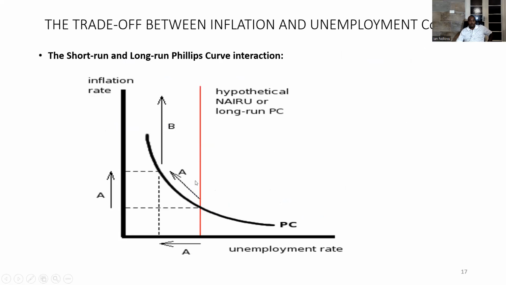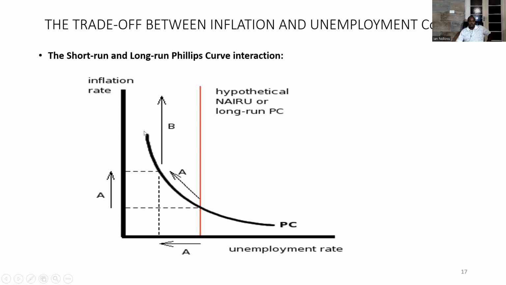So this is what I've just been explaining: expansionary monetary policy, or even fiscal policy, translates to a movement along the same short-run Phillips curve.